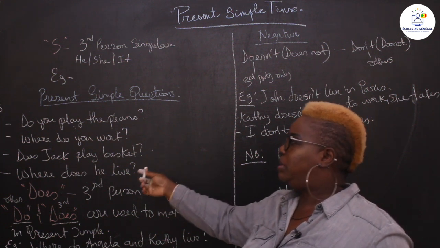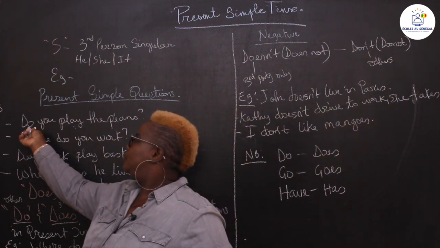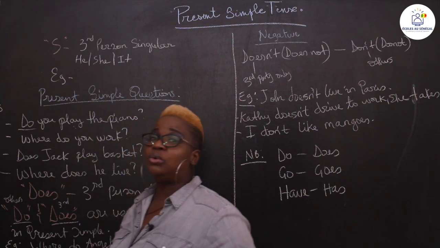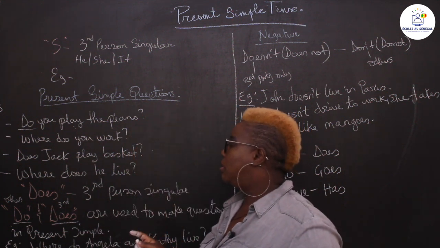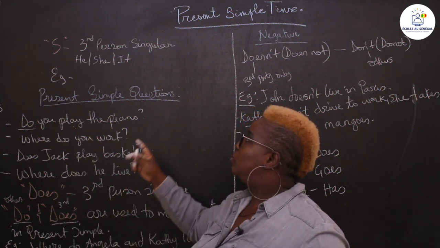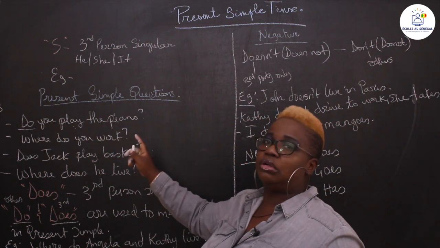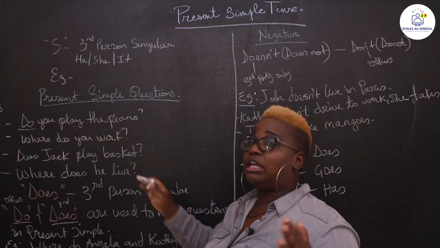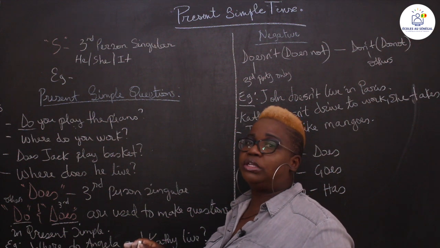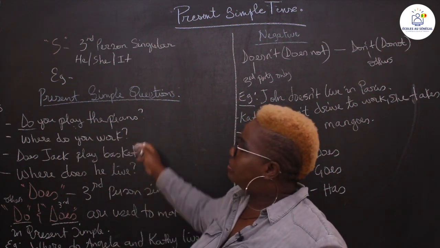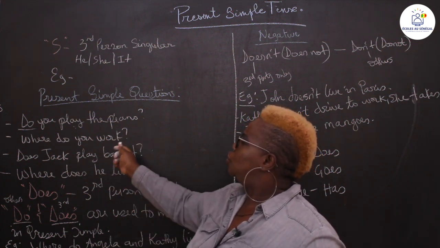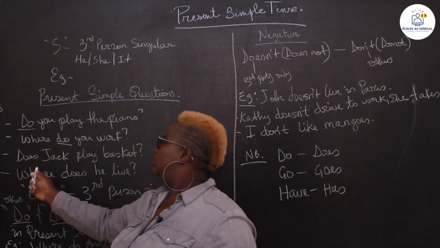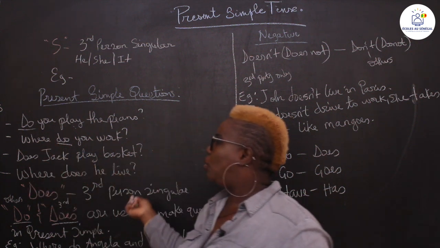So present simple, we have a bunch of questions here that have present simple. Do you play the piano? Do. There's no S. Because remember, S is when it's a third person singular only. But any other thing, you have no S to it. So, do you play the piano? Where do you work? Does Jack play basketball?